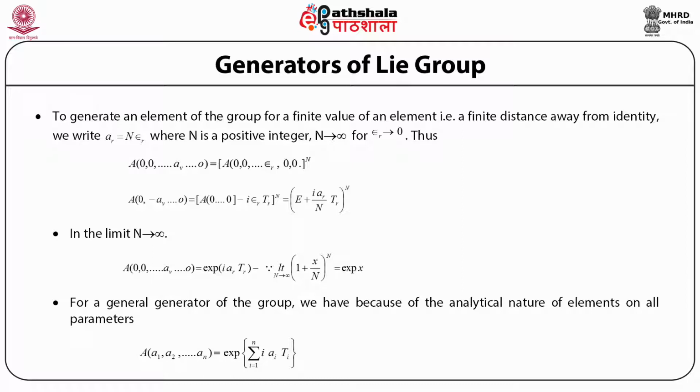Thus, a Lie group with n independent continuous parameters has n generators. That is, the generators of the group can give us all the elements. So there are certain corollaries which follow.